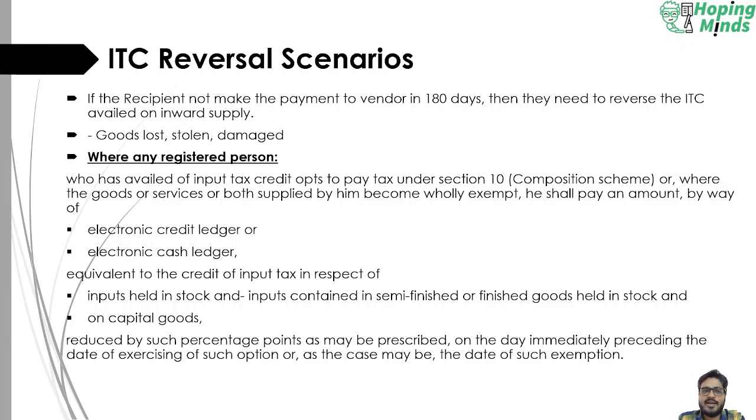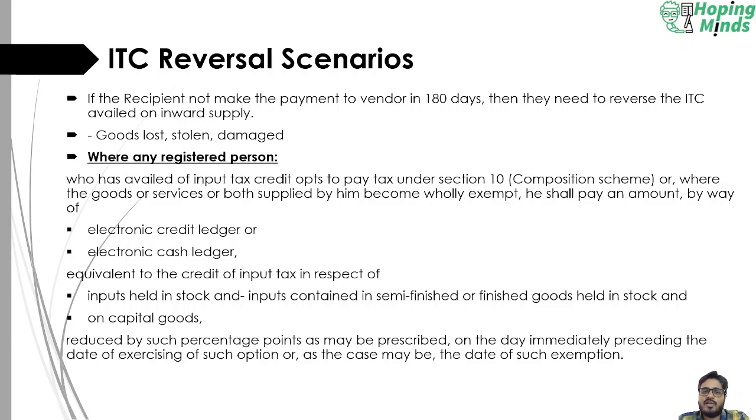Also, input tax credit is required to be reversed in case of goods lost, stolen or damaged. Where any registered person who has availed of input tax credit opts to pay tax under the composition scheme, or where the goods or services or both supplied by him becomes wholly exempt, then he shall pay an amount by way of electronic credit ledger utilization or using the electronic cash ledger.